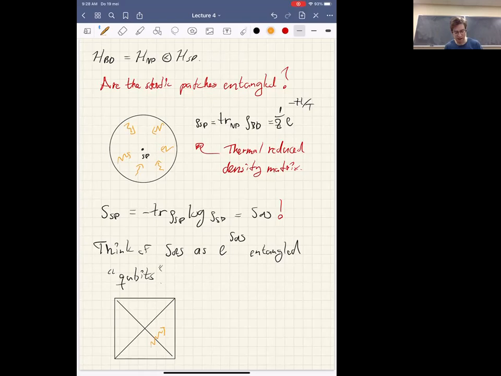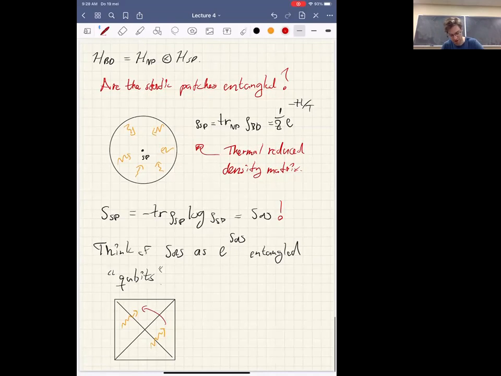But what this entanglement entropy tells us is that for each of these thermal modes, there's a partner mode of an entangled qubit that is located at the antipodal region. So there's entanglement across this horizon. And this is one interpretation that you can give to the de Sitter entropy, as a measure of how many entangled qubits or thermal quanta there are in this spacetime.